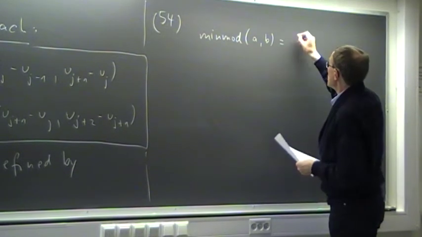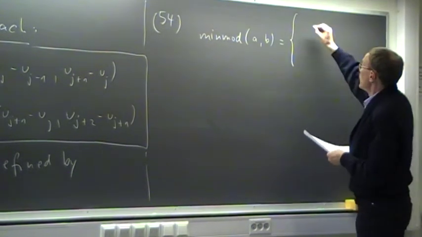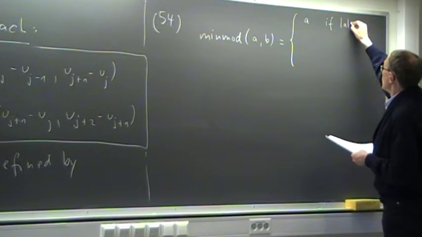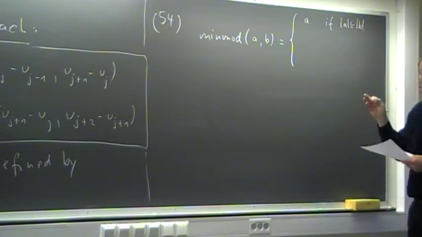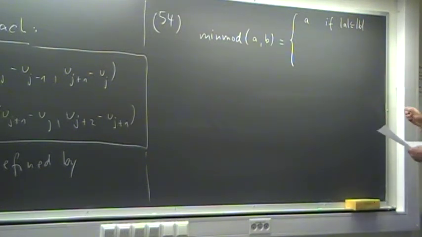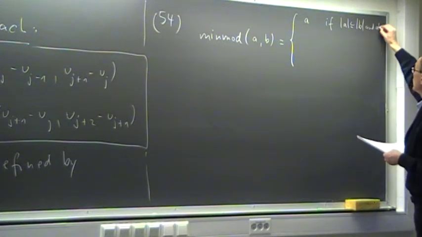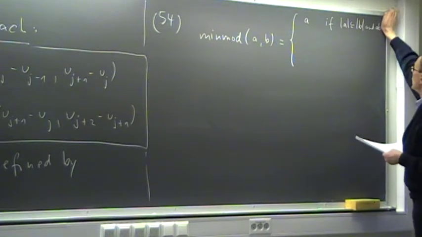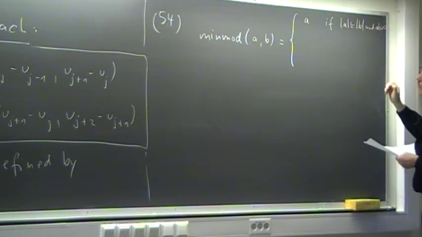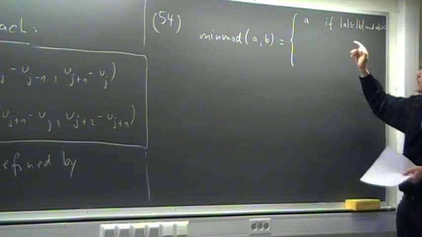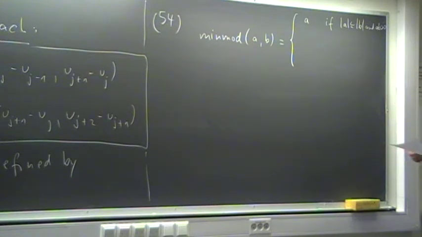The definition is that we take the value a, the first one, if that has smaller or equal absolute value than b, and we also need that the product a times b is greater than 0. That means that the slopes have the same sign. If both are positive, that's one option, or if both are negative, that's also possible. In any case, it would take a if that has smaller absolute value and the same sign as b.